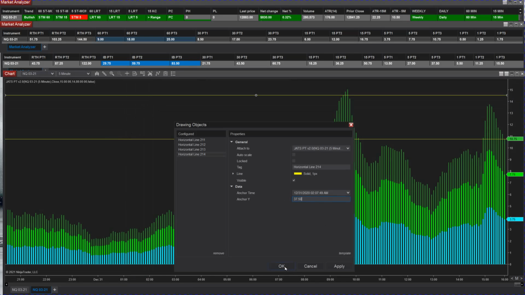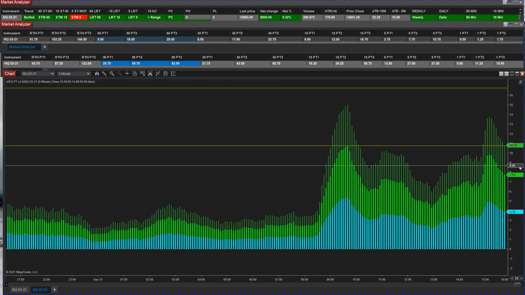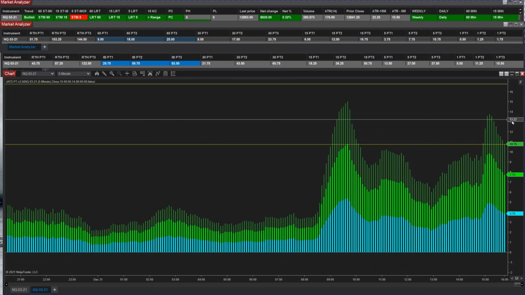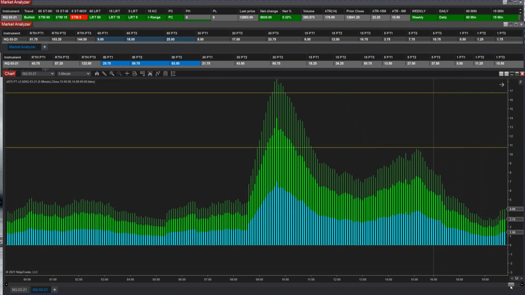So if we see that the range has gotten up to 37.50, that would be our overbought or oversold level. We would be expecting to see the range turn around. So like right there.